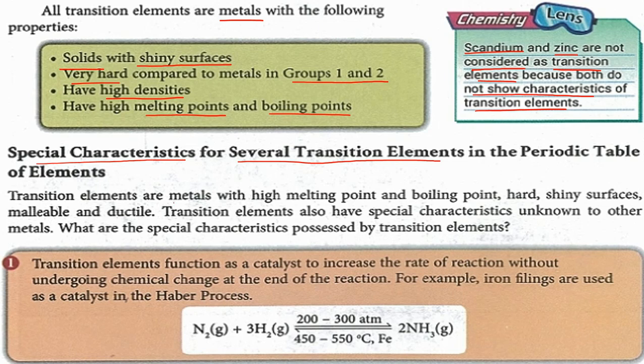Transition elements are metal with high melting point and boiling point, hard, shiny surfaces, malleable and ductile. Malleable here means they are able to be flattened into thin sheets, okay, by hammering or rolling, while ductile here means they are able to be drawn into wire without losing their toughness.